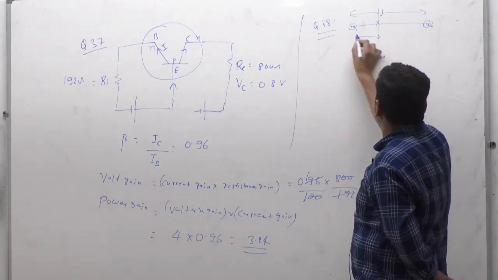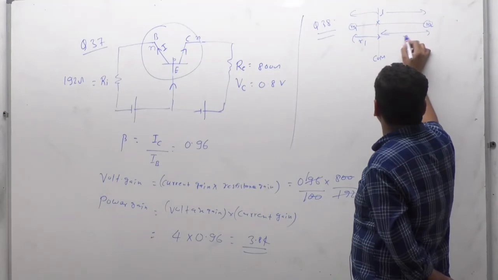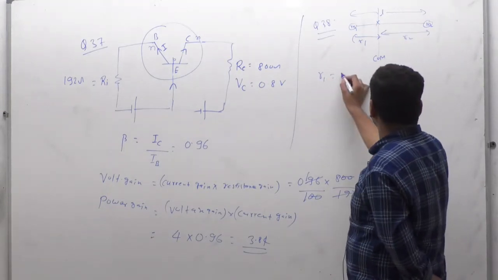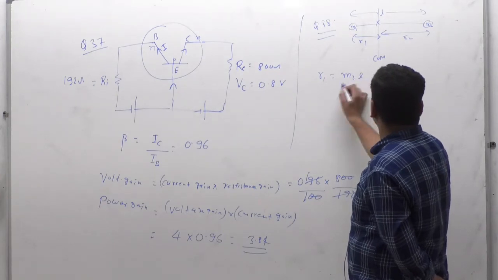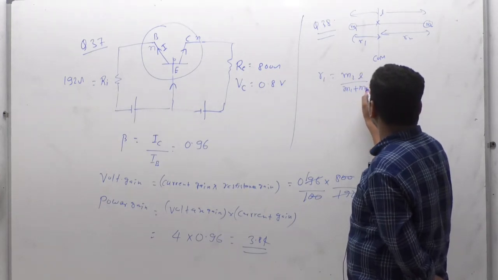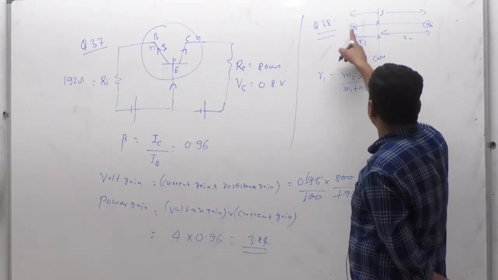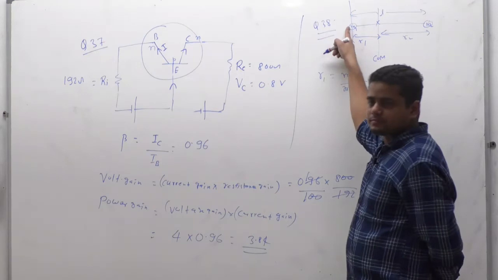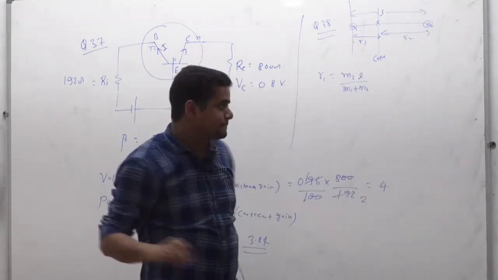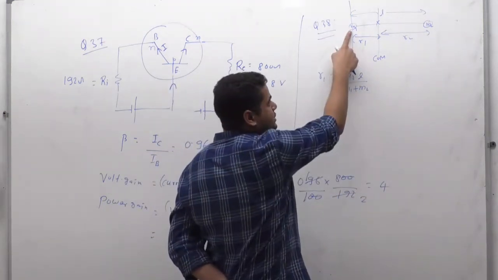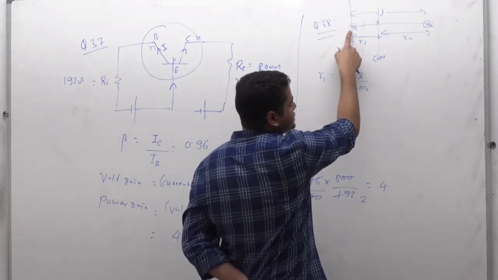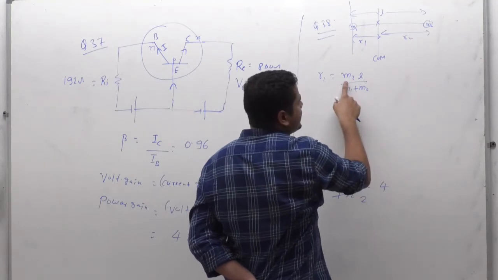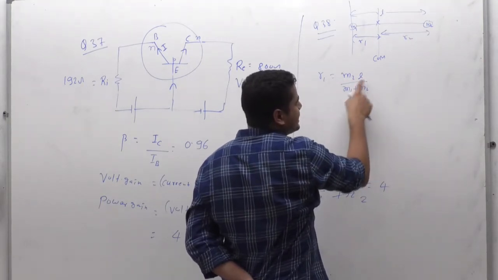So this must be at a distance R1, and this at a distance R2. For R1 we know how to calculate: R1 equals M2 into L upon M1 plus M2. For the R1 calculation, assume this point as origin, so the coordinate of M1 becomes 0 and the coordinate of M2 becomes L. So it will be M1 into 0 plus M2 into L upon M1 plus M2.